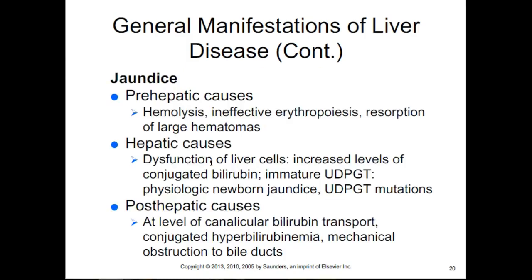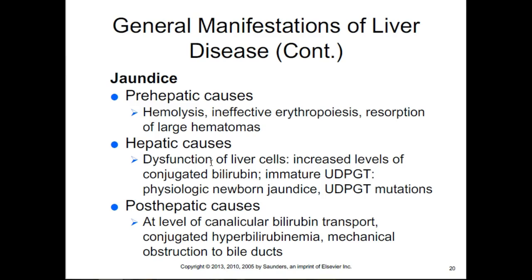Then what are the prehepatic causes of jaundice? So hemolysis, ineffective erythropoiesis, or reabsorption of large hematomas. So some of those can lead to jaundice, right? Some hepatic causes are dysfunction of the liver cells, right? Increased levels of conjugated bilirubin, right?